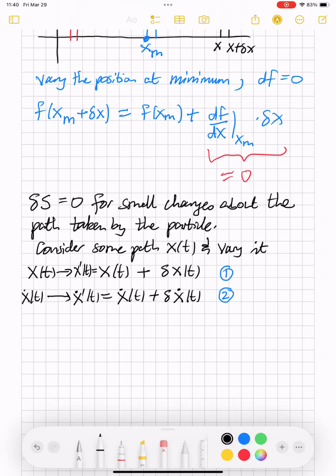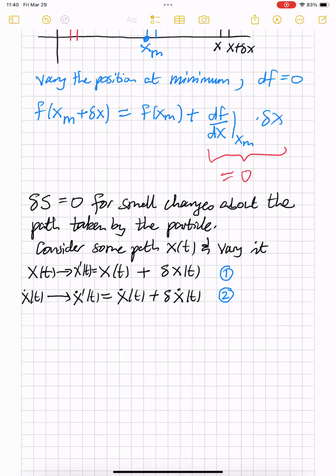And what I would like to do now is I want to know how is delta x dot of t related to delta x. And the way that I'm going to do it is I'm going to work out what is the time derivative of equation 1, and I'm going to compare to equation 2. So let's work out what is the time derivative of equation 1.